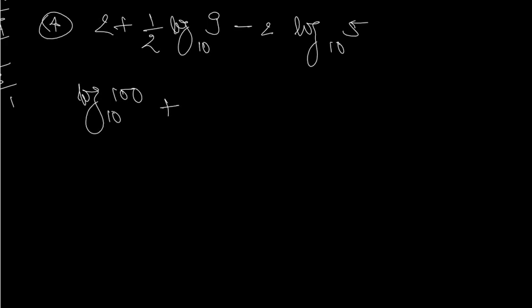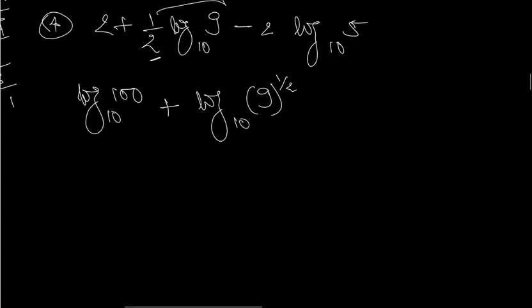Plus log of 9 raised to 1 by 2 to the base 10. This number which is multiplied in front can become the power of 9. Minus log of 5 square to the base 10.